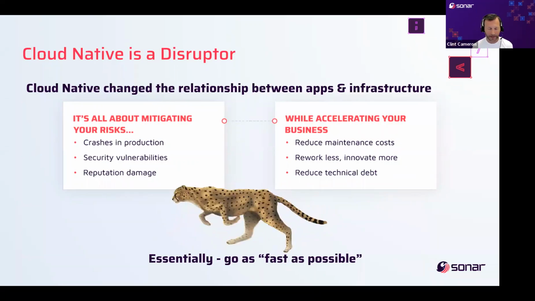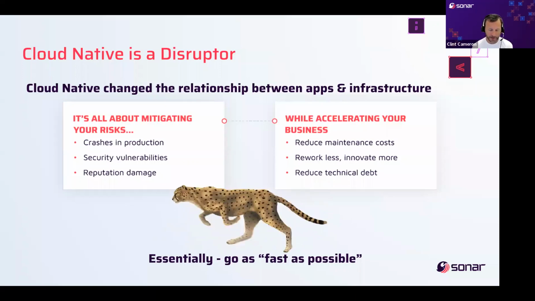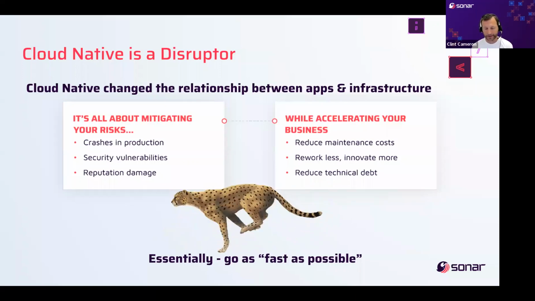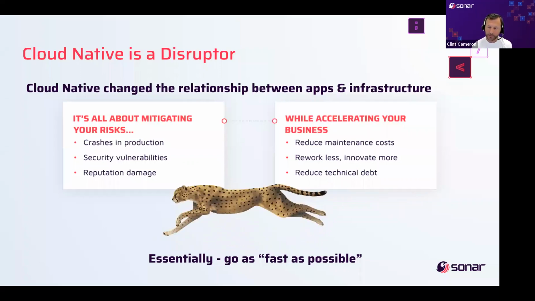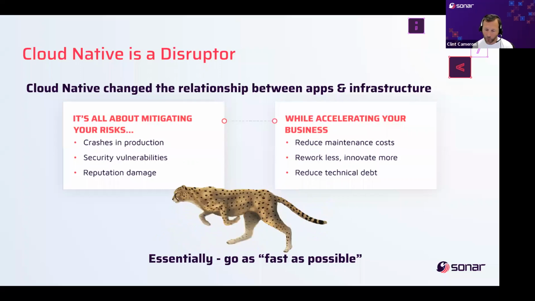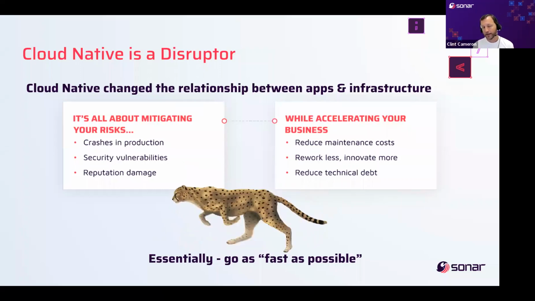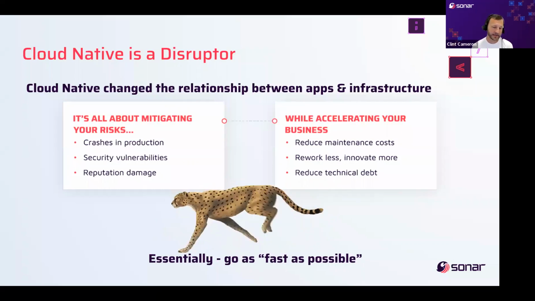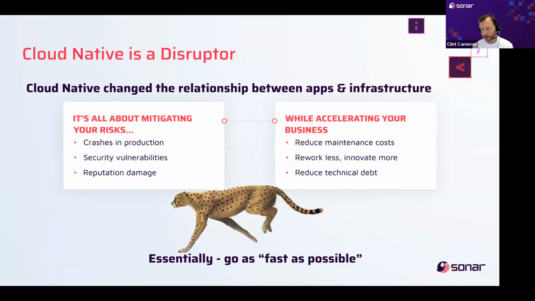It's all about mitigating your risk, right? So crashes in production, vulnerabilities, you want to keep your reputation high. All the while, you want to be accelerating your business, keeping maintenance costs low, innovating more with less rework. And of course, we want to keep that technical debt low. This all adds up to going as fast as possible with your organization, but you should do it in a smart, deliberate way.